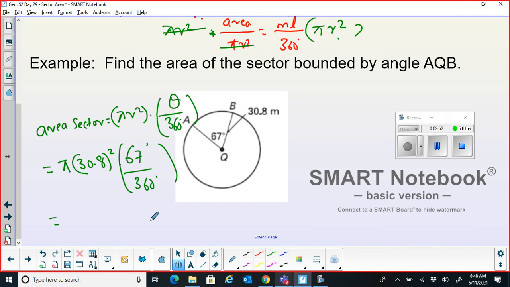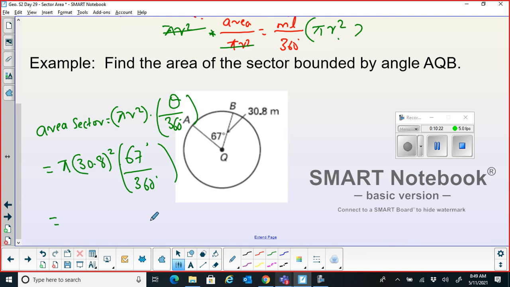Let me substitute all of this in the calculator. So second pi times 30.8 square times, in parenthesis, 67 divided by 360.